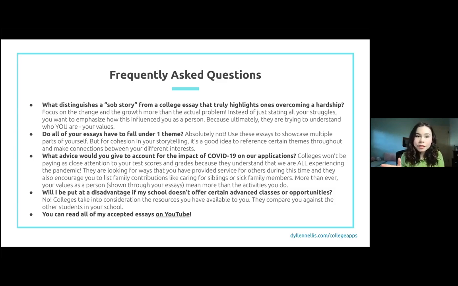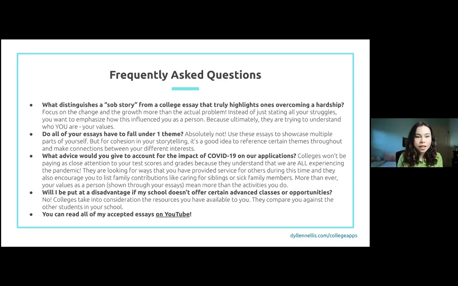Because there's a difference between having a scattered application, where you do this and that but nothing's connected, just a bunch of different activities, which I felt was me, because I was interested in art, tech, theater, helping kids, education, psychology, so many things. But I strategized my application, even though I had all these different interests, and I tied it all together.